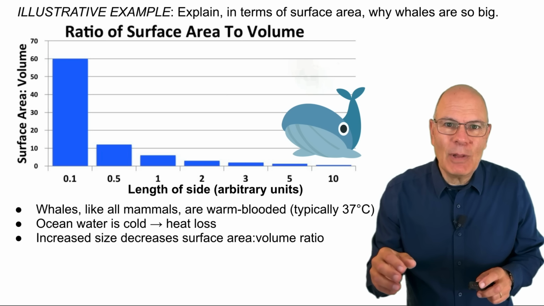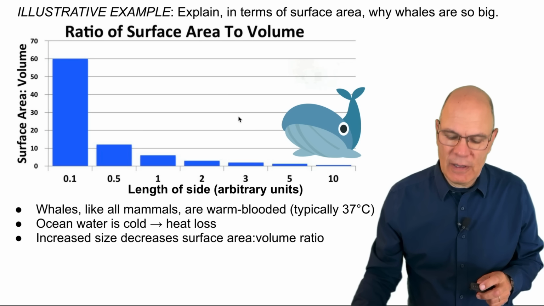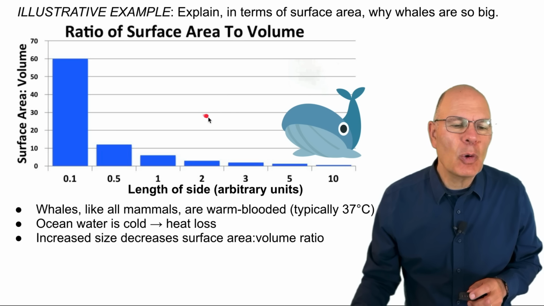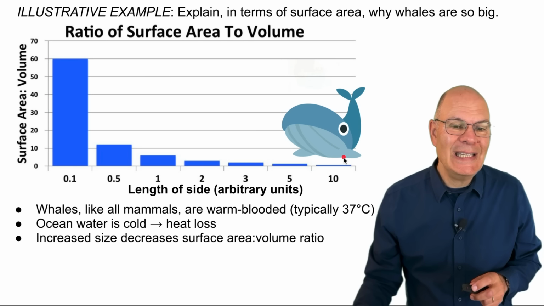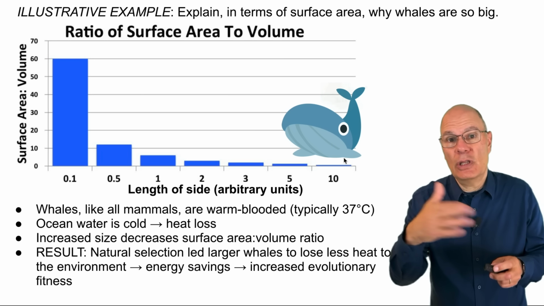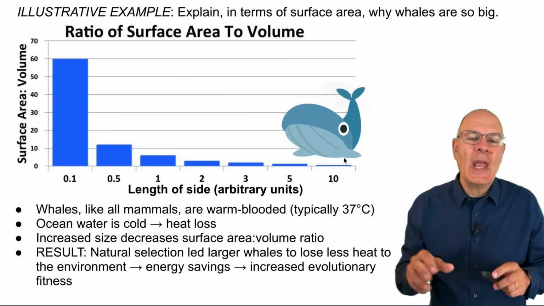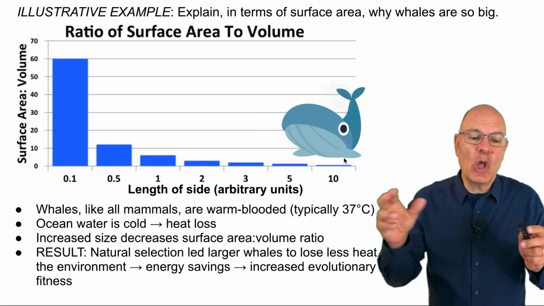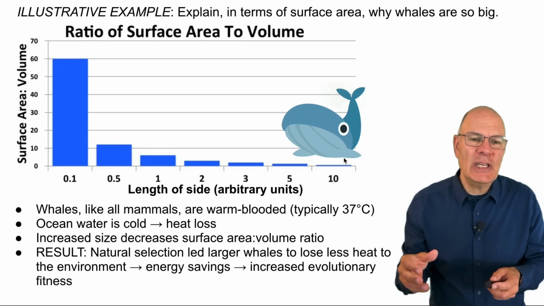We've already established that increased size decreases surface area to volume ratio. As an organism gets bigger, its surface area to volume ratio decreases. In any population, there was variation in size among the whales in that population. Natural selection led the larger whales in those populations to lose less heat to the environment.